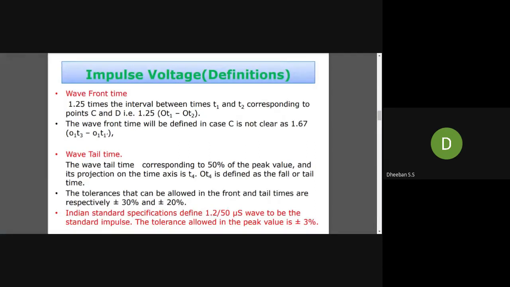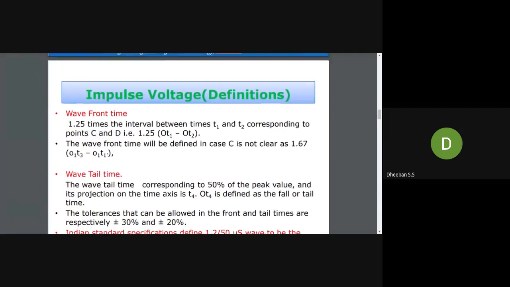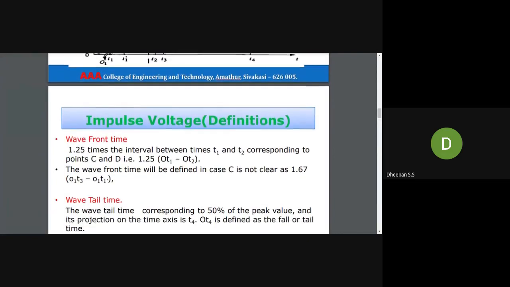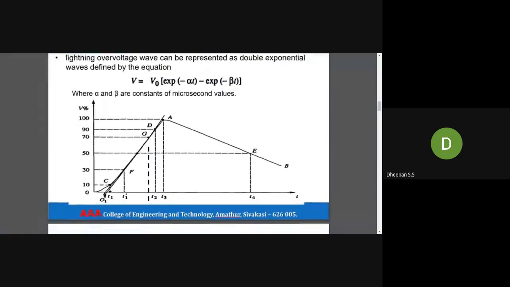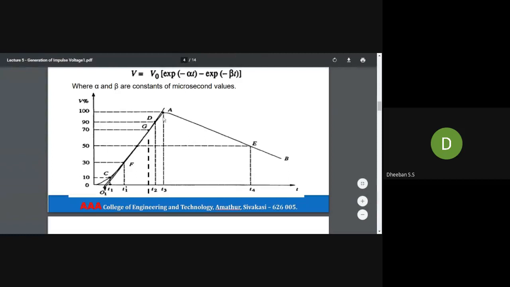So this is wavefront time, and for the wave tail time, what they're saying is that it corresponds to the 50% of the peak value, and its projection on the time axis is T4. So here it goes around the 50% of the entire value. As I said, the voltage is represented in the percentage format in your y-axis.